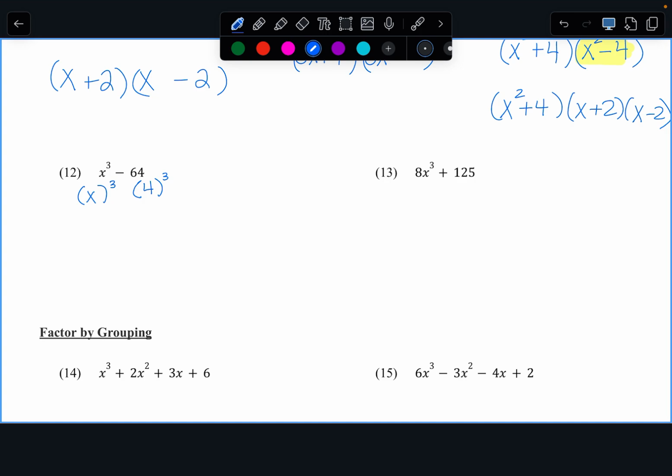So if we follow this pattern, this would be x minus 4, because this sign is the same. And then x to the second, opposite sign, the first term times the last term, and the last term squared.